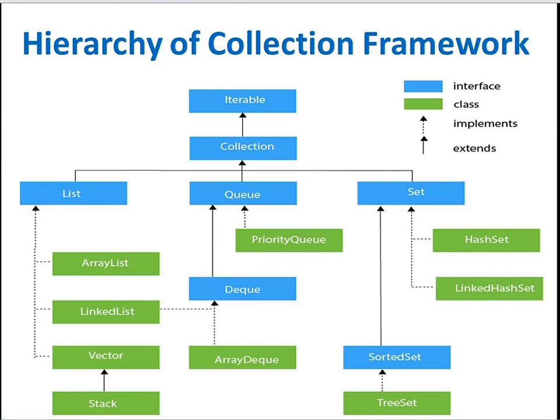Under the queue, Deque, PriorityQueue, and ArrayDeque. Under the set, HashSet, LinkedHashSet, SortedSet, and TreeSet come. Here, the interfaces are shown in blue color, classes shown in green color, implements shown in dotted lines, and extends, meaning inheritance, shown in dark lines.